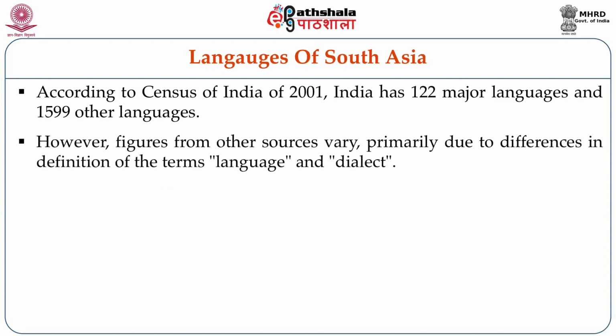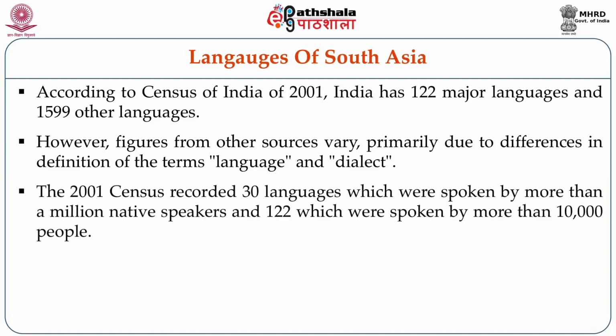However, figures from other sources vary, primarily due to differences in definition of the terms language, dialect and mother tongue. The 2001 census recorded 30 languages which were spoken by more than 1 million native speakers and 122 which were spoken by more than 10,000 people.